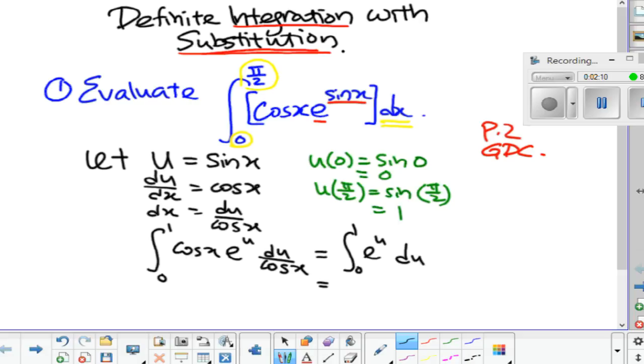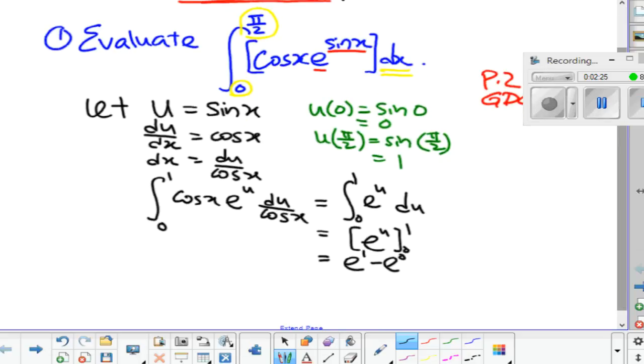This is relatively easy because the integral of e to the power of u is itself, and we need to evaluate from 0 to 1. That is e to the power of 1 minus e to the power of 0, which is e minus 1. And here is the answer. All right? Okay, it's not that difficult, right?